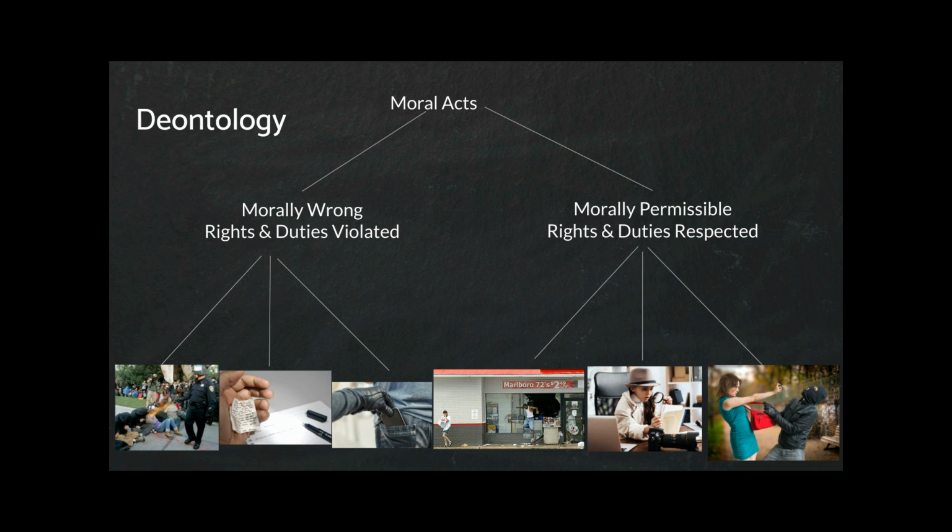On the other hand, there's a bunch of actions that you can take that will respect other people's rights and will allow you to perform your duties. So deontology says, look, as long as you're respecting other people's rights and doing your duty, it's morally okay for you to act. But if you act in a certain way and it violates someone's rights or makes it so that you're not performing your duties, well, then you're doing something morally wrong.